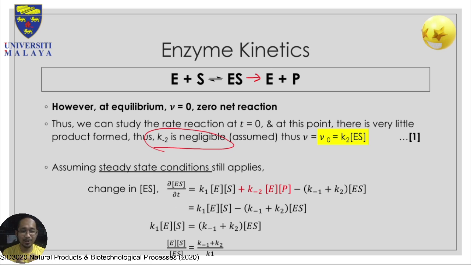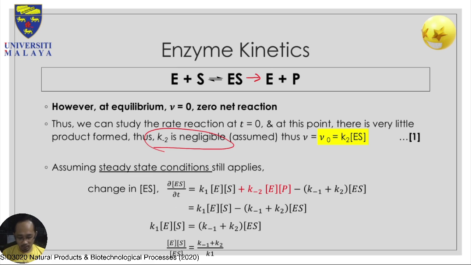Zero net reaction doesn't mean that the reaction doesn't work at all. It does work, but it's in equilibrium. It might be a bit confusing for you, so if it is, just go back and listen to all these lectures, especially about enzyme kinetics.